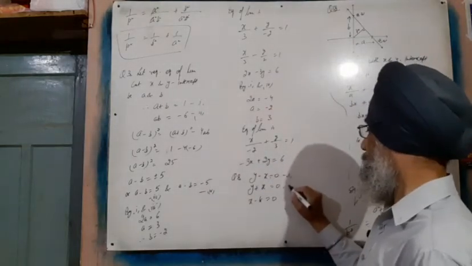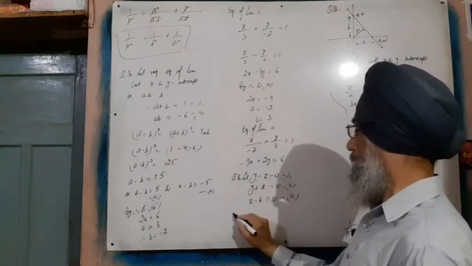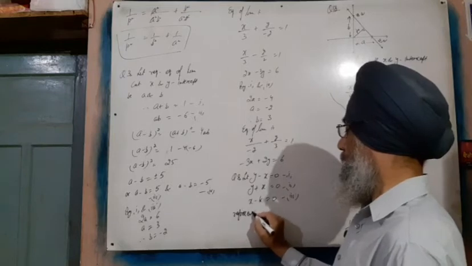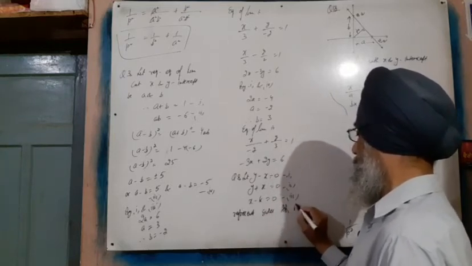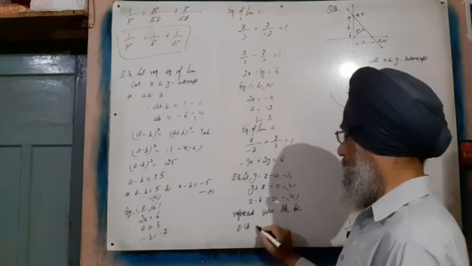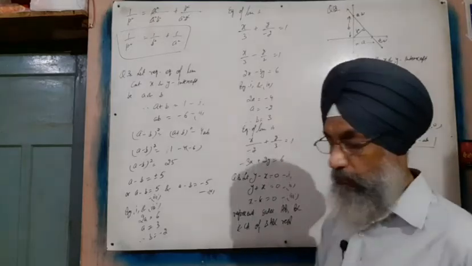This first, second and third represent sides AB, BC and CA of triangle ABC respectively.